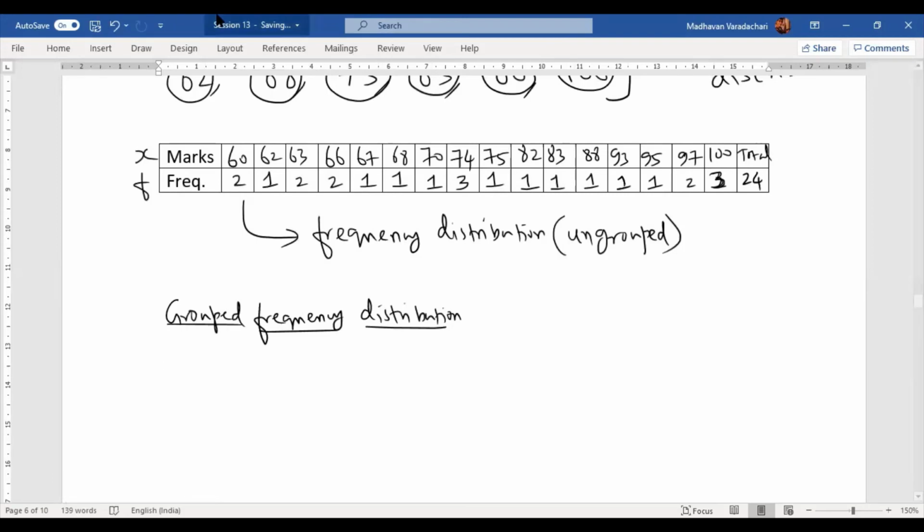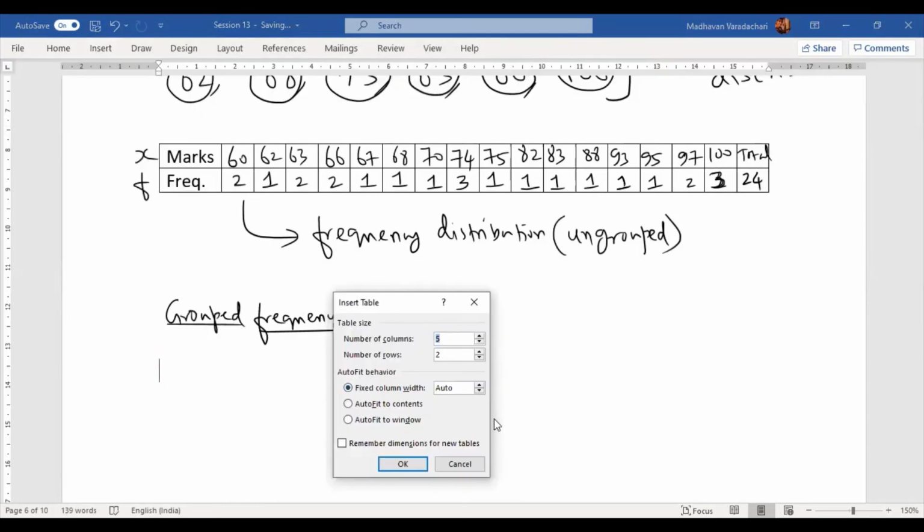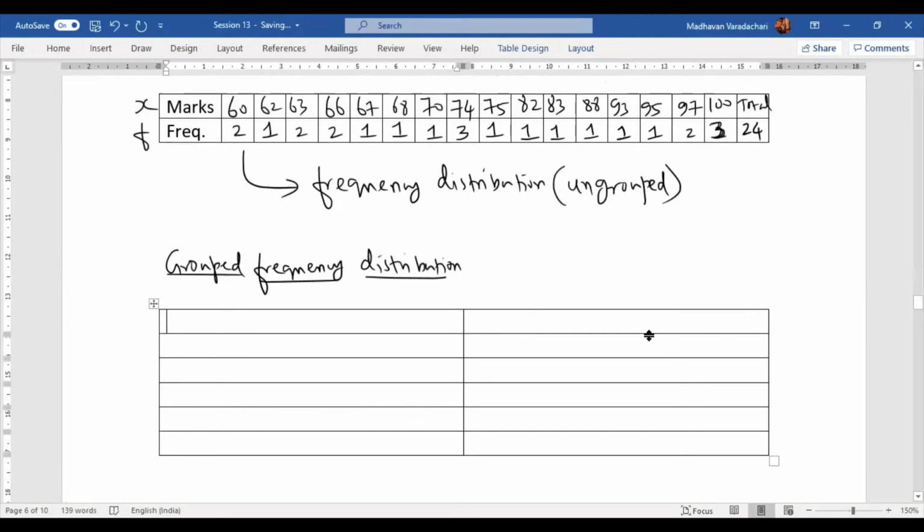I will create a table. Let us say 60 to 69, I'll create one group. Then 70, 80, 90, 100, I'll create some 6 rows like this.